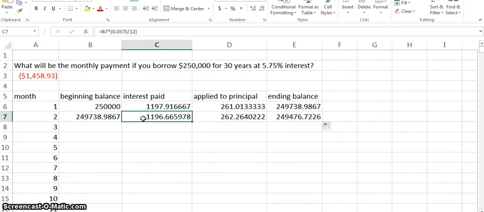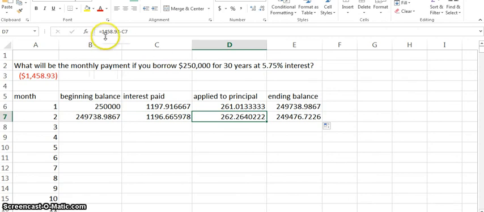So let's make sure that it's doing what we want it to do. Our beginning balance is the ending balance for the month before. The interest paid is that beginning balance times 0.0575 over 12. How much gets applied to principal?